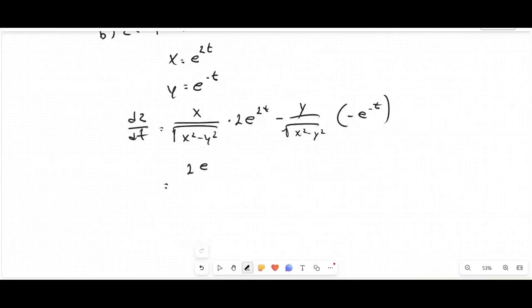So I've got 2 e to the 2t times x, which is e to the 2t, so e to the 4t over the denominator. I've got e to the 4t minus e to the 2t. Two negative signs cancel, I get plus. y is e to the negative t, so this is e to the negative 2t.